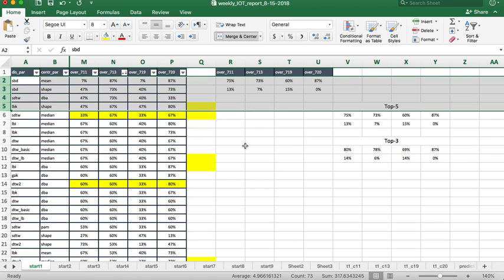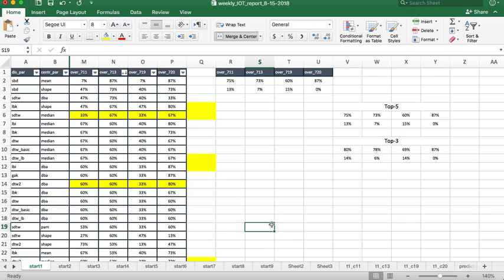But where is the result of clustering? So again, we focus on starting from time point 1, and we picked the top 5 scenarios.